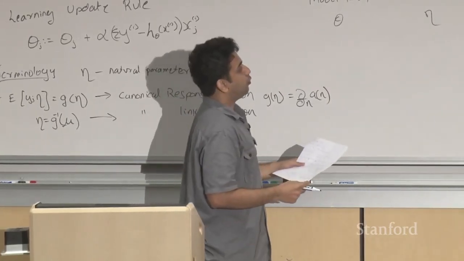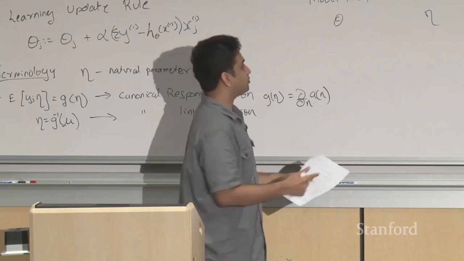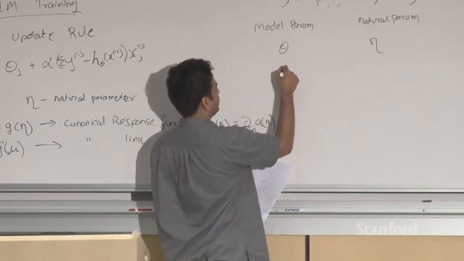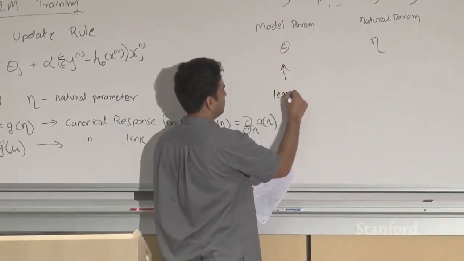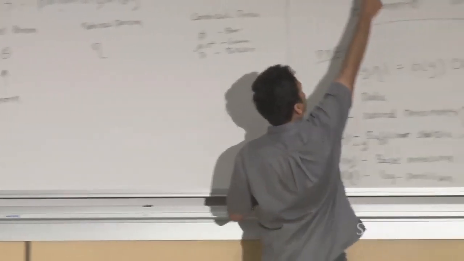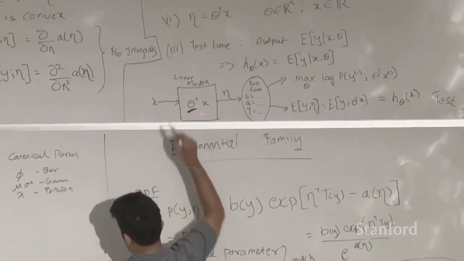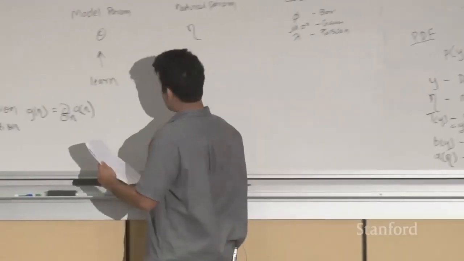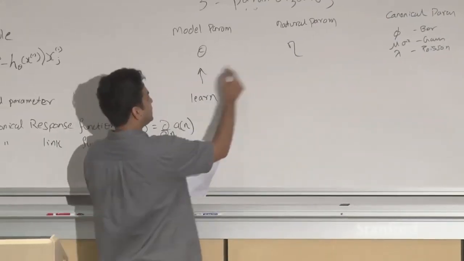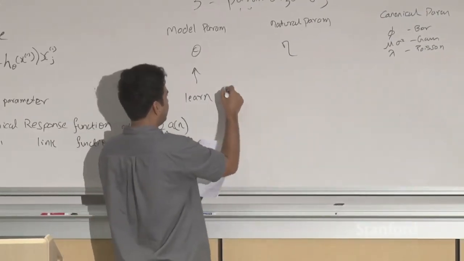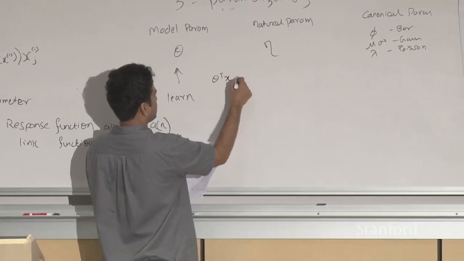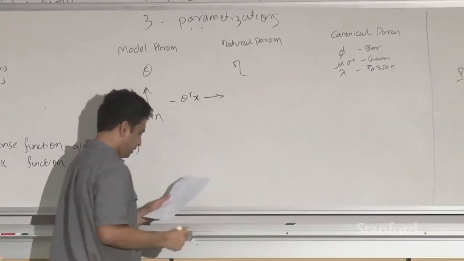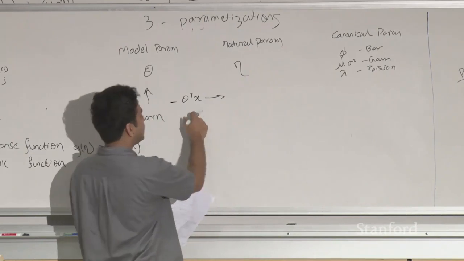And whenever we are learning a GLM, it is only theta that we learn. Right? That is the theta in the linear model. This is the theta that is learned. And the connection between these two is linear. So theta transpose x will give you the natural parameter. And this is the design choice that we're making.